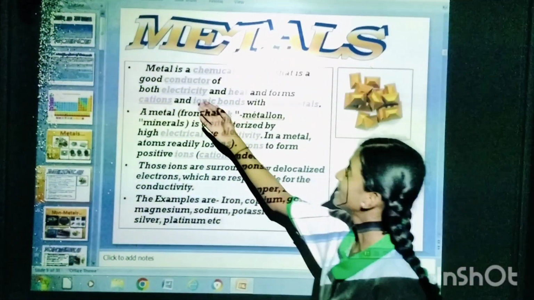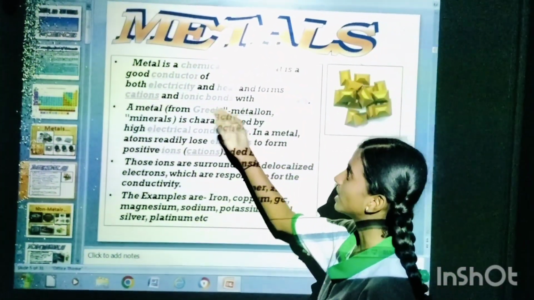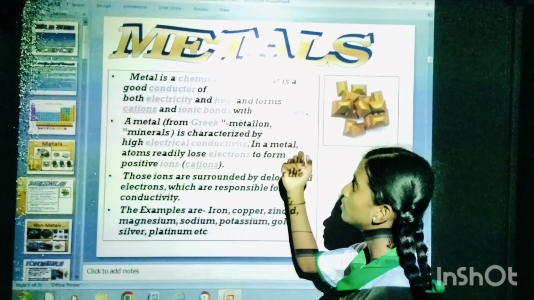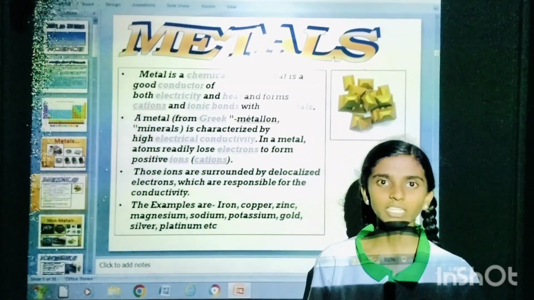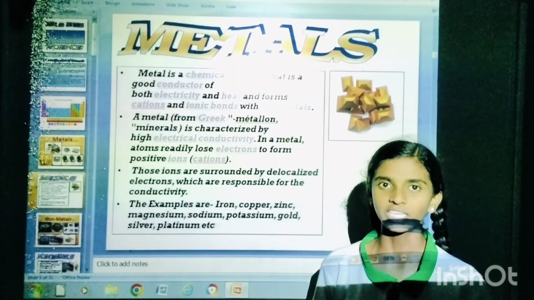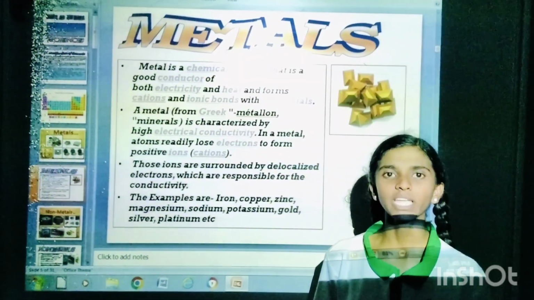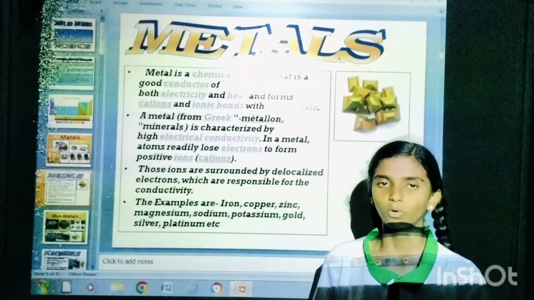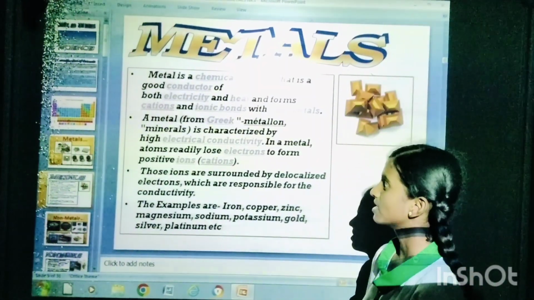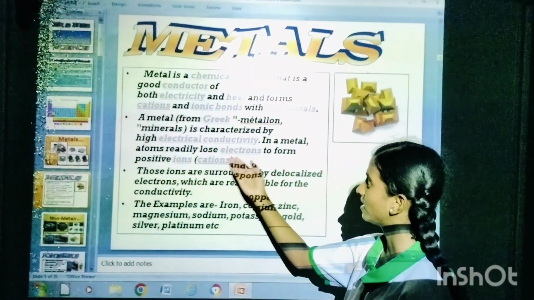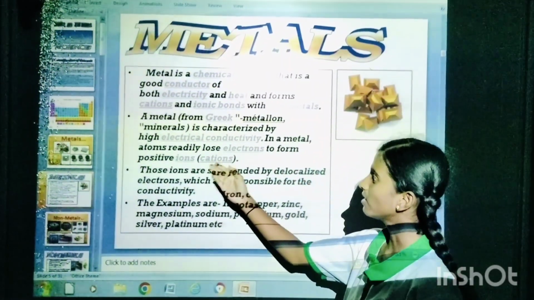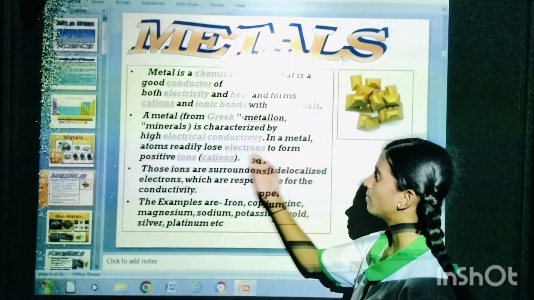A metal is a chemical element that is a good conductor of heat and electricity and forms cations and ionic bonds with non-metals. A metal, from the Greek metallon, is characterized by high electrical conductivity. In a metal, atoms readily lose electrons to form positive ions.